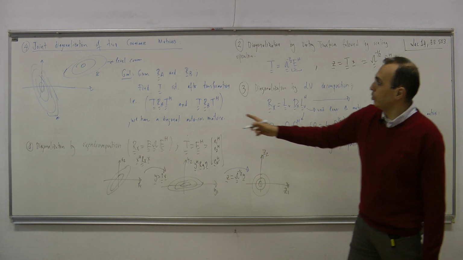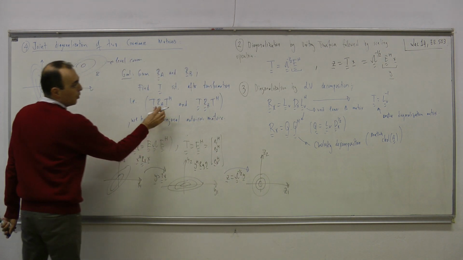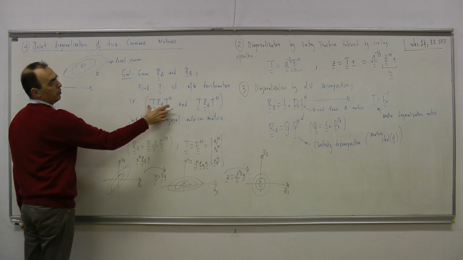So this is a mapping for the autocorrelation matrix, as you see.